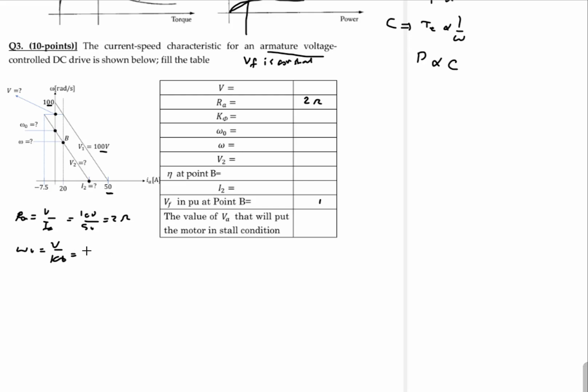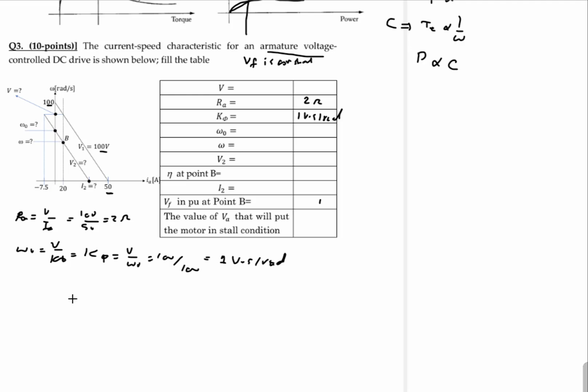So this means that K phi will equal V over omega naught, and this will be 100 over 100, and the answer will be 1. Here this is 1 volt second per rad.